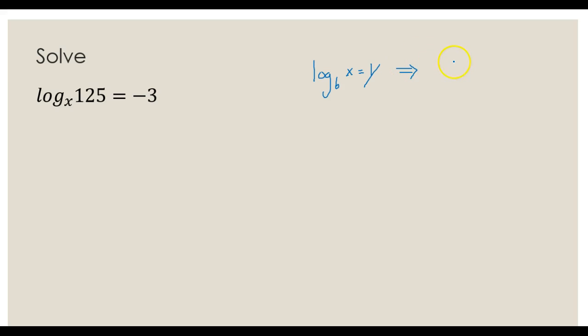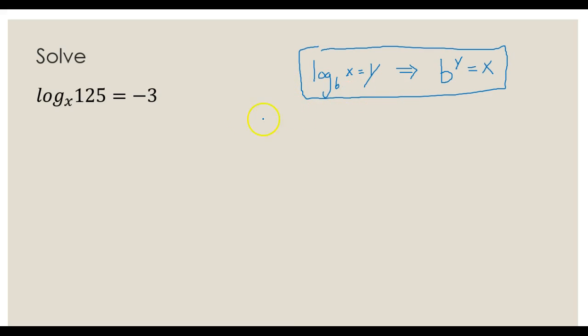If your notes have them in opposite positions, it doesn't matter. Those are just placeholders. What matters is that it equals b, whatever the base is, raised to the power of the thing that the log equals. So b to the y equals x.